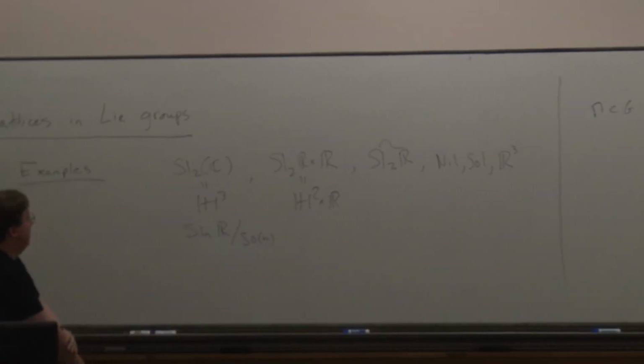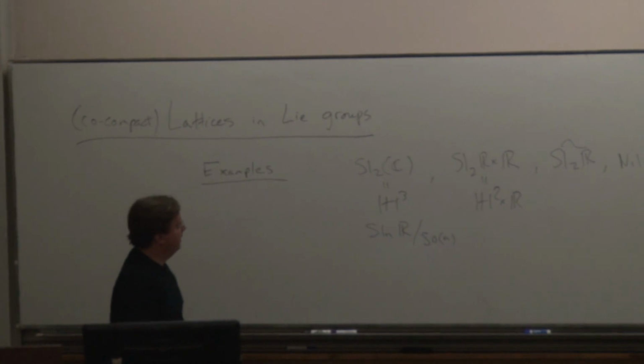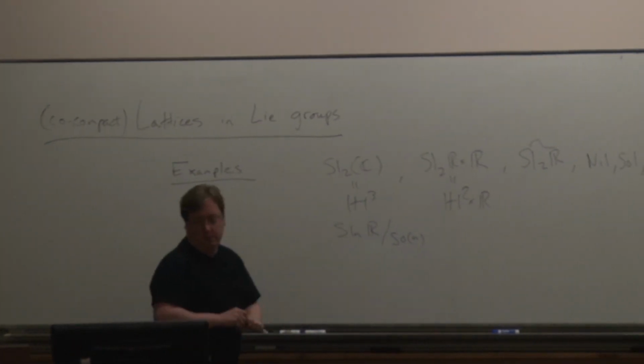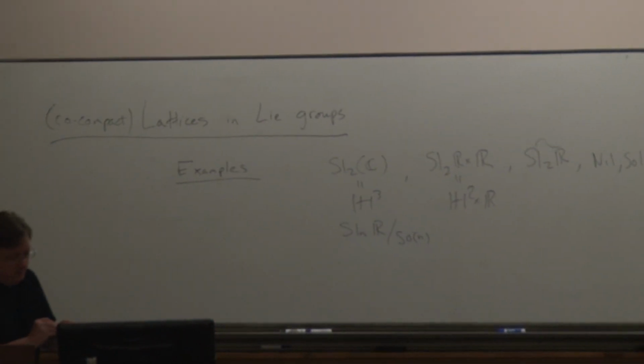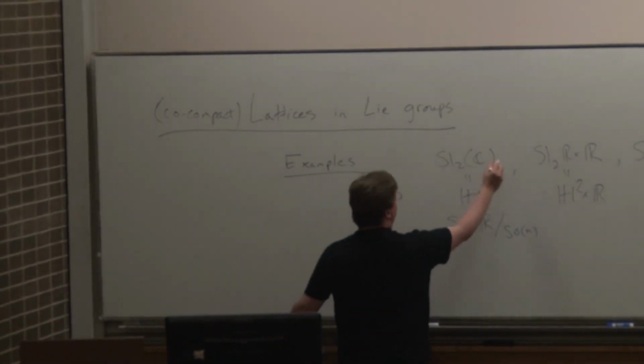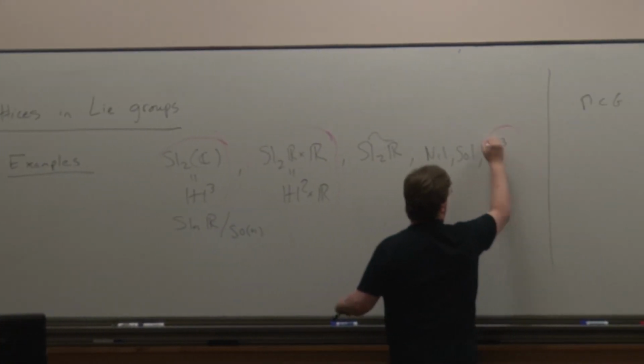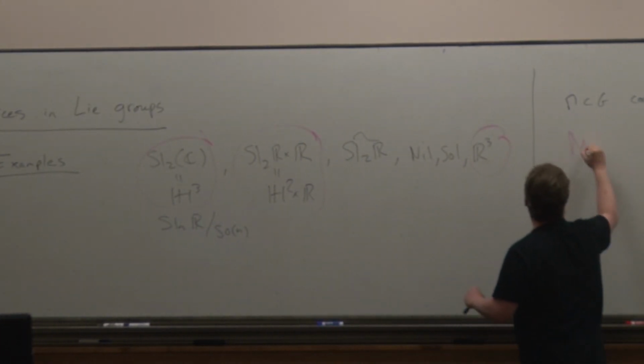So these geometries break up into a couple of different cases. Maybe I'll mention some things that we've seen. This one, and this one, and this one are all non-positive curvature.